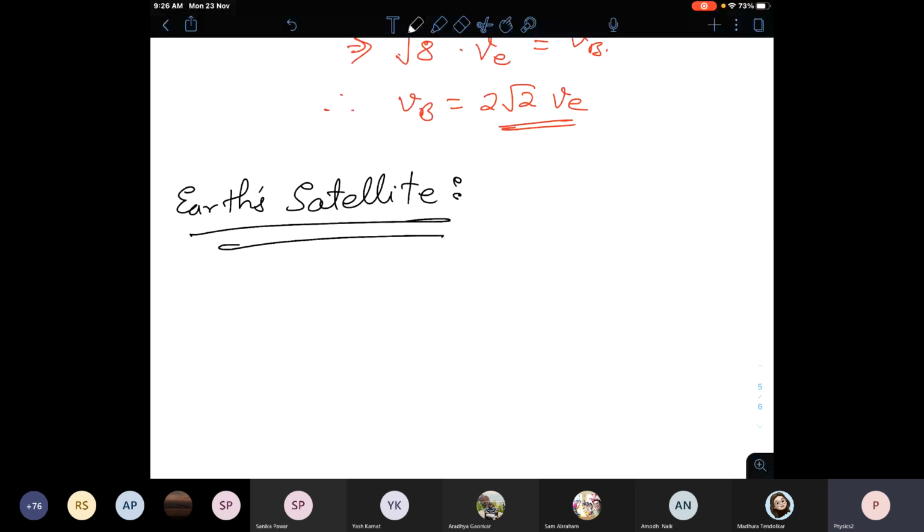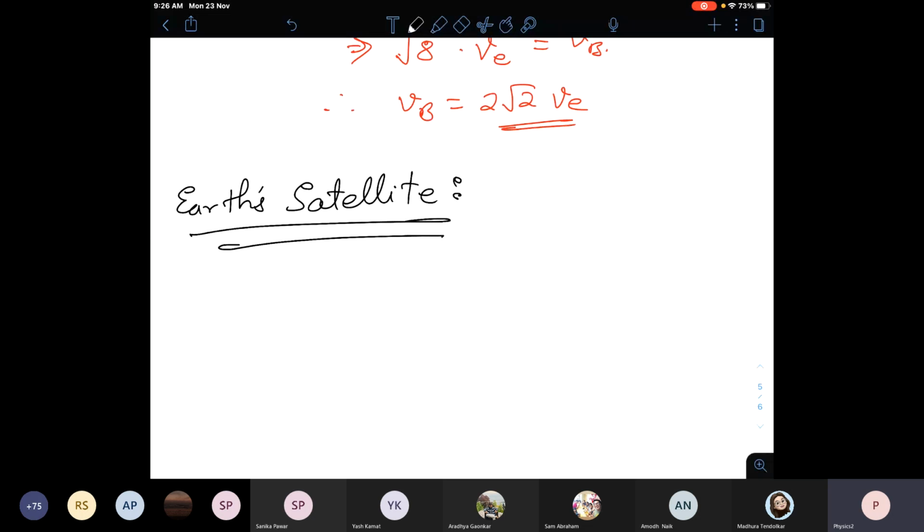Now you can ask, sir, why is a planet not a satellite of the sun? We cannot say a planet is a satellite of the sun because although they are orbiting the sun, their masses are comparable, not having a very large difference.